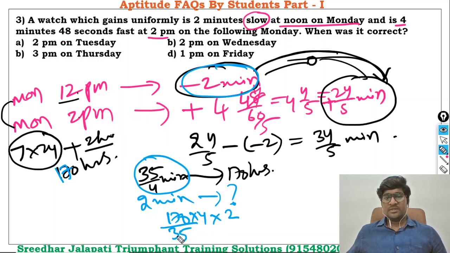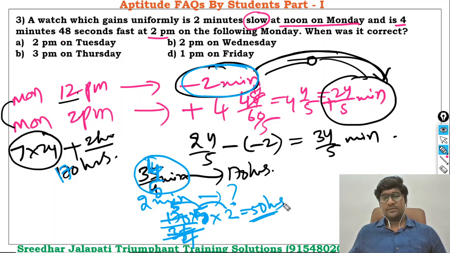If I simplify this further, this is 34 by 5. So 34 ones are 34, 5 fives are 170, then 5 into 5, 20, 5 into 2, 50.